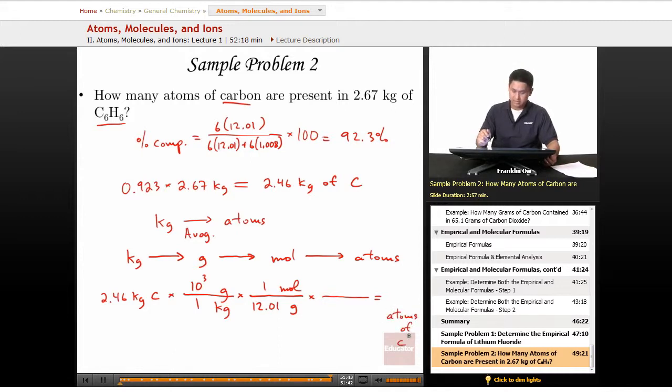So that's Avogadro's number. So mole on the bottom and Avogadro's on top, which is atoms here. And that's 1 mole on the bottom and 6.022 times 10 to the 23rd atoms on top. And you should get an answer of 1.23 times 10 to the 26 atoms of carbon.